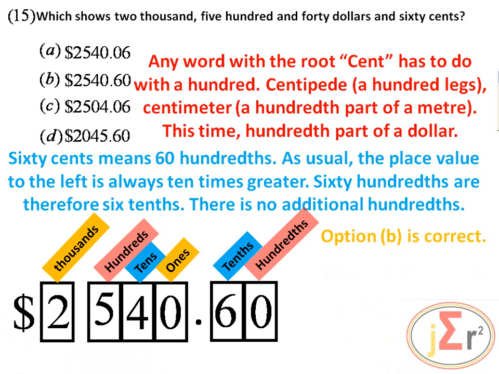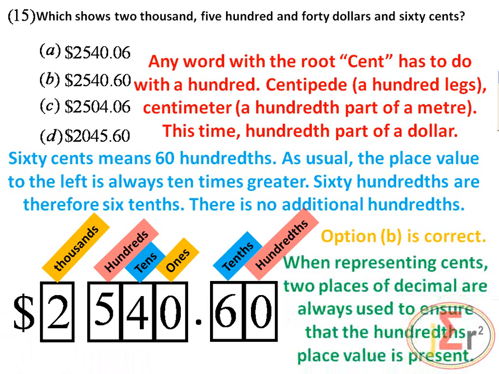Option B is correct. When presenting cents, two places of decimal are always used to ensure that the hundredths place value is present when you are dealing with cents. And when we are programming, there was a computer program by the name of COBOL, Common Business Oriented Language.